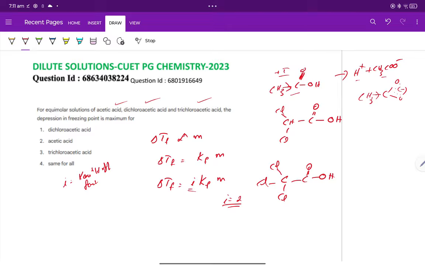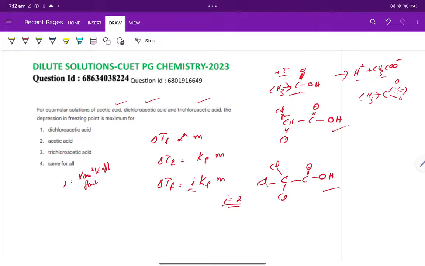So acidity will be least for acetic acid, and for dichloroacetic acid, you know that there is a minus I effect from chlorine. That is going to enhance the acidity of dichloroacetic acid, whereas in trichloroacetic acid, since there are 3 chlorines, it will have the maximum acidity.